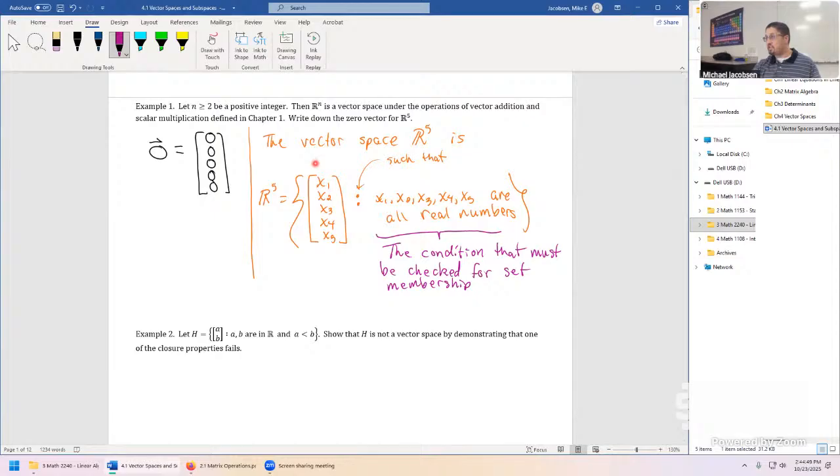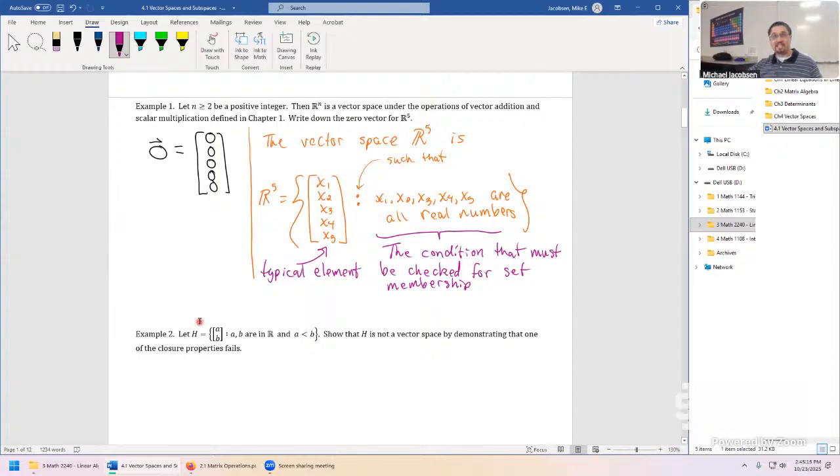And the thing that comes first is just the typical element. You could say typical vector, but it's not guaranteed that H is a vector space. So we often call just an object inside a set an element. So R5 is the set of all elements such that there's 5 rows. Every one of the values are real numbers.